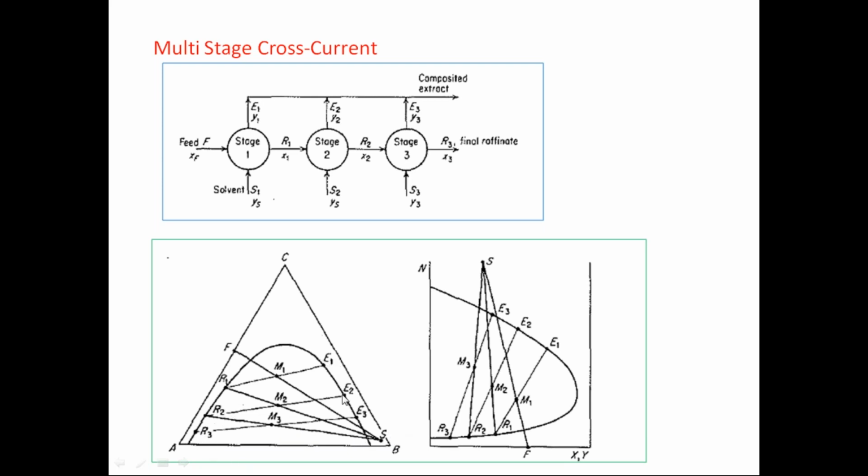Similarly, in the extract also it is coming down, but it is more than this one, because you have taken a case that the distribution coefficient, which is equal to YE by XR, is greater than 1. So that's why you are getting these slopes. So again it is composited.